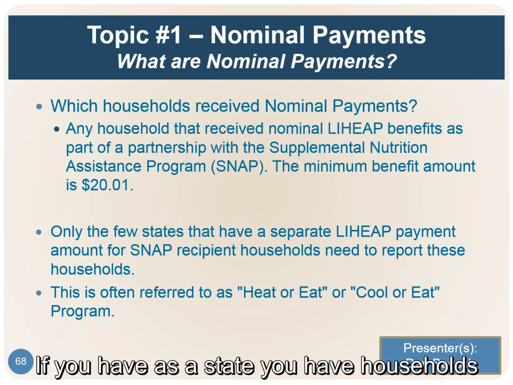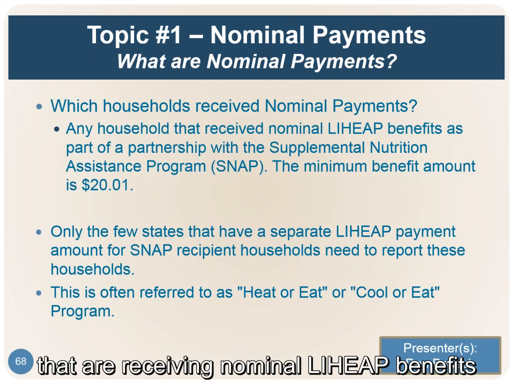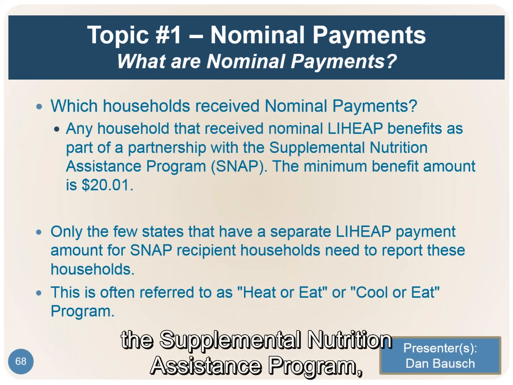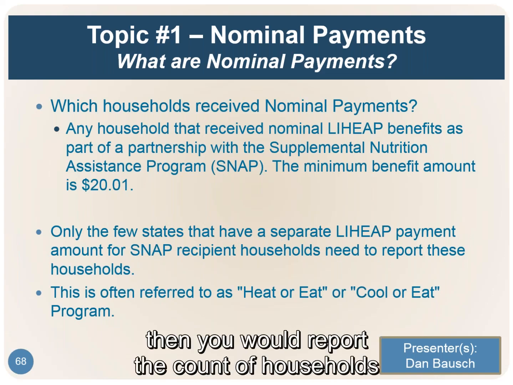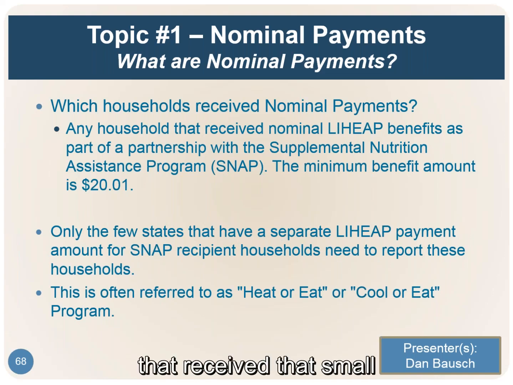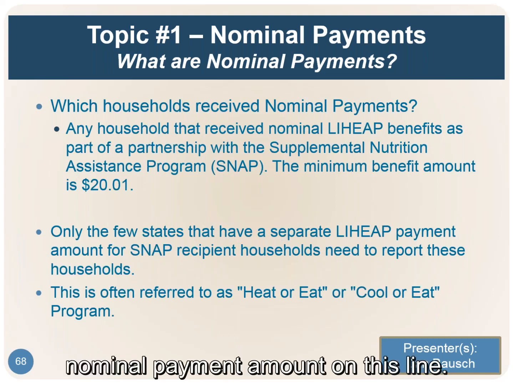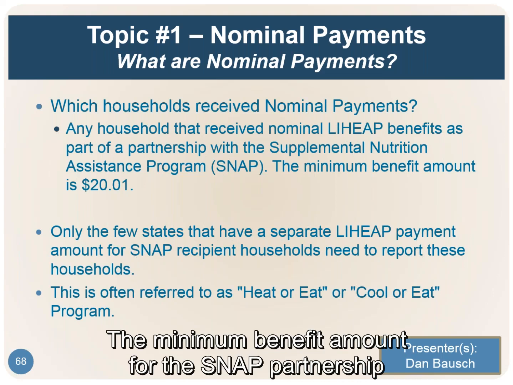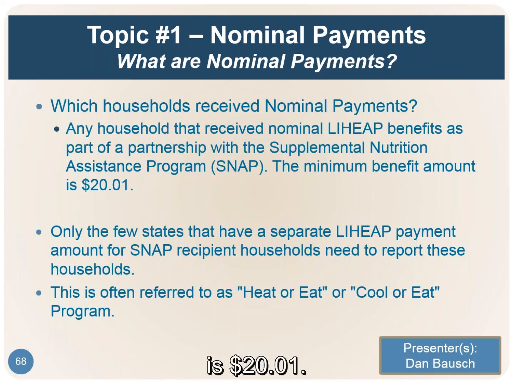If you have, as a state, households that are receiving nominal LIHEAP benefits as part of a partnership with SNAP, the Supplemental Nutrition Assistance Program, then you would report the count of households that received that small nominal payment amount on this line. The minimum benefit amount for the SNAP partnership is $20.01.